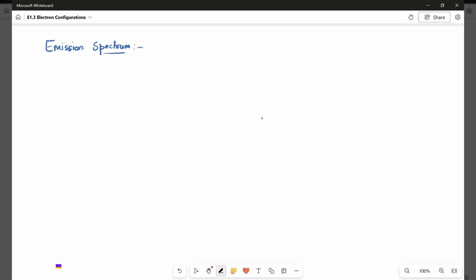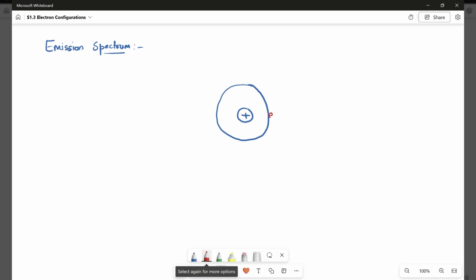So we know that in an atom, let's say this is the nucleus, and this is the orbit. And we know that in the orbit, electrons keep on revolving, right? Let's say this is an electron.